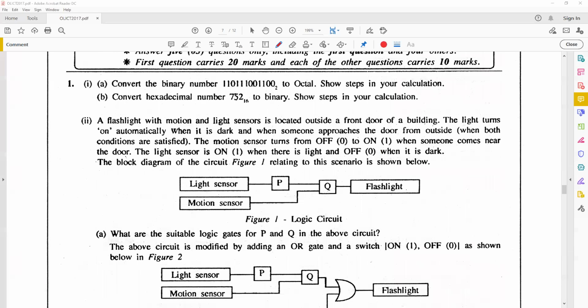Right. So let's start with the first one. Yes, what we have is 11011100110. So what we need to convert to is an octal number, which means we have to make groups of 3 bits.